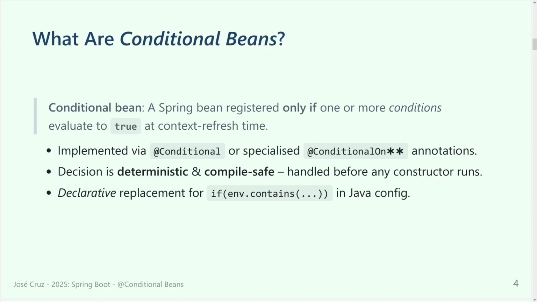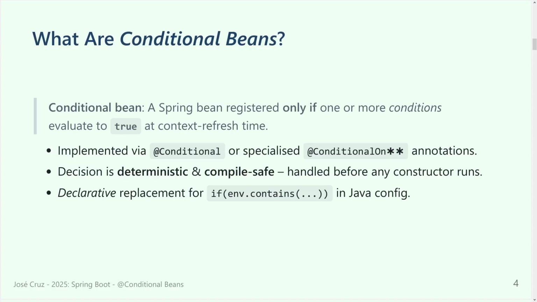It's implemented via this annotation. There are a lot of different annotations, but all of them start with Conditional. So there is this annotation Conditional, and then there are a lot of specialized ones that start with Conditional, then you have On and something, and you will see almost all of them, if not all of them.